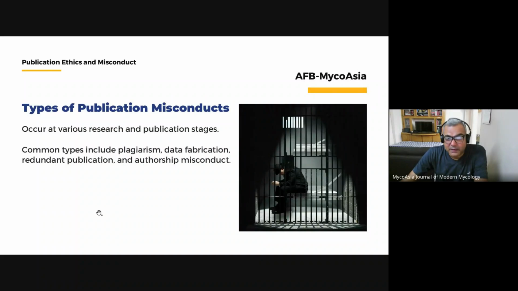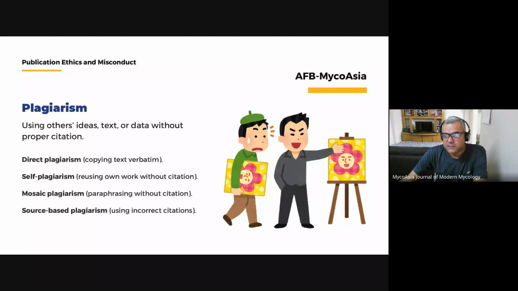It can happen at the various research and publication stages that I will explain in later slides. As I told you, common types of publication misconducts include plagiarism, data fabrication, redundant publication, authorship misconduct actually.